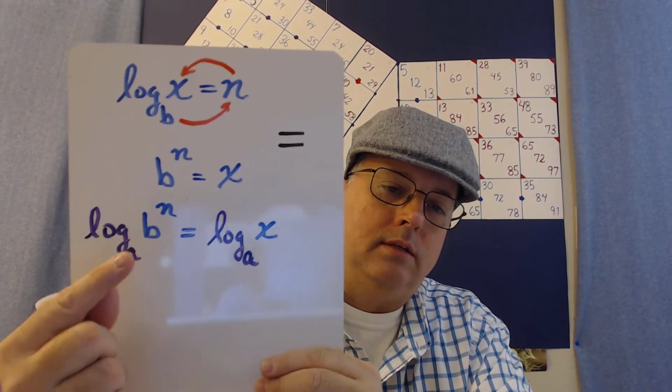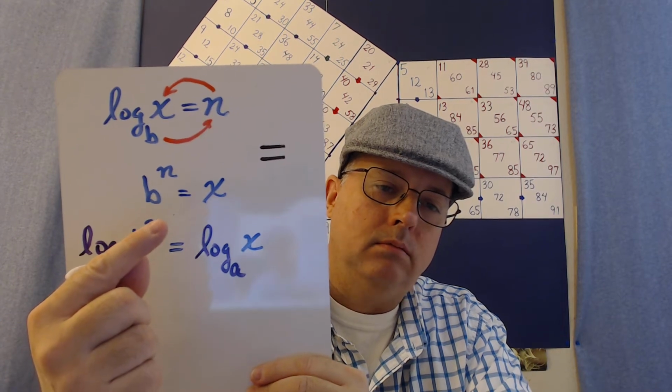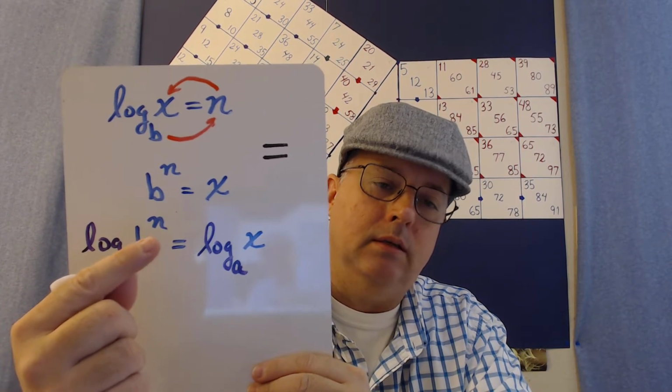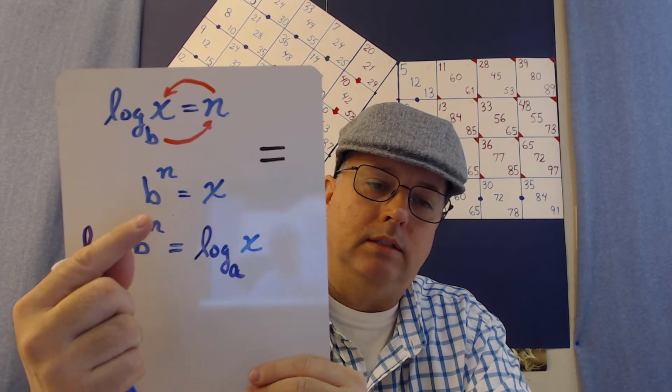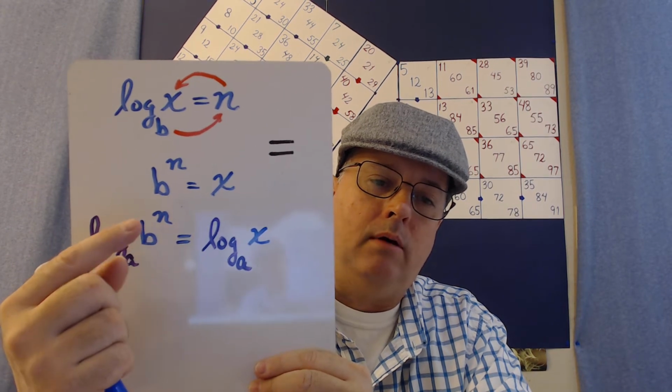And so this is a power to a power. The log base a of b is a power, and then b is raised to the n power here. So that's a power to a power. And when we have a power to a power, we can multiply our powers. So that means that the n can come down in front. n times log base a of b equals log base a of x.